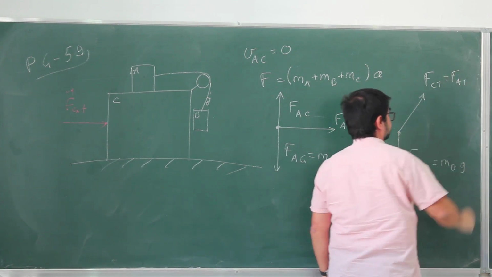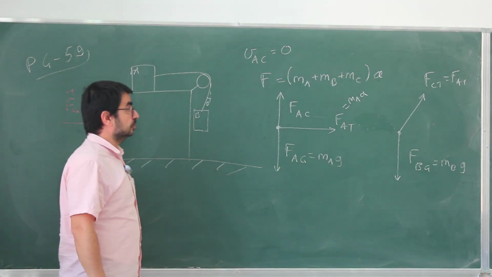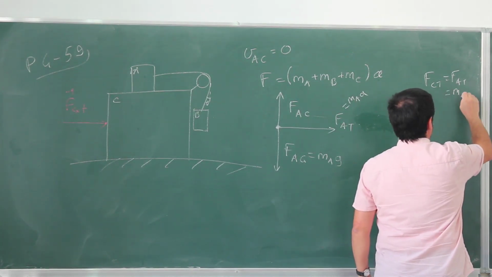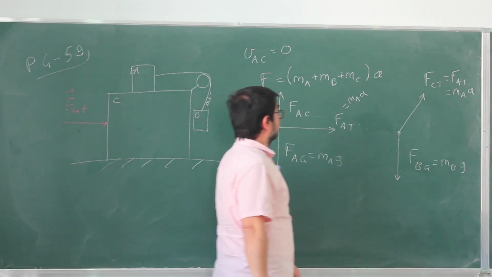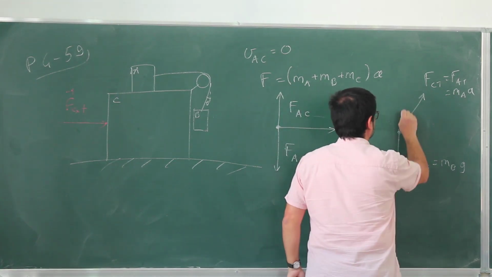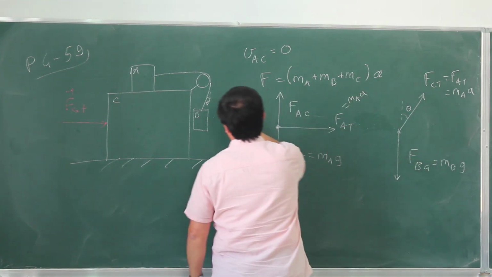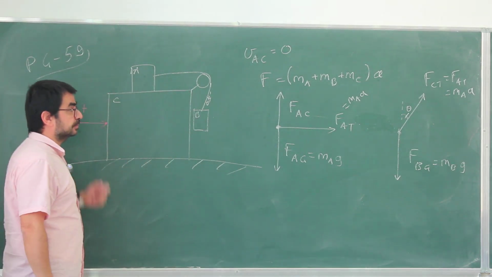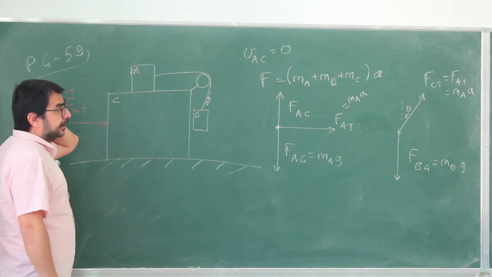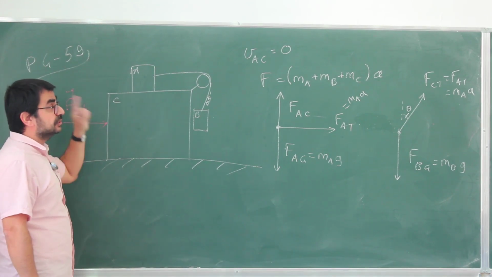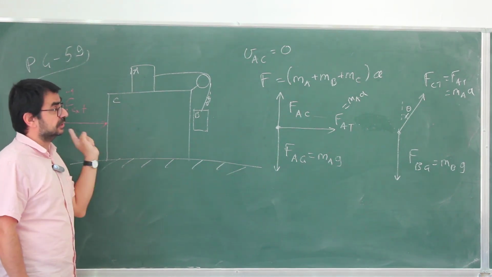Their directions are of course different, but their magnitudes are going to be the same, and we actually have this equality. This is MA times A. Now, these do not cancel, and there's going to be some angle theta here, which is the same as this angle over there. So that's from the previous problem. In the vertical direction they cancel. In the horizontal direction they don't cancel.